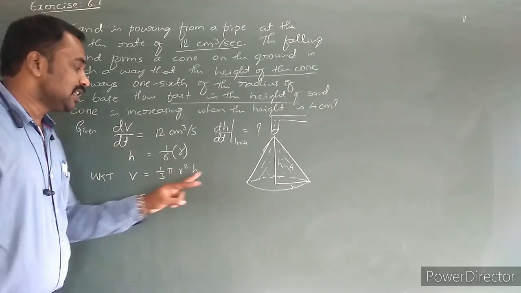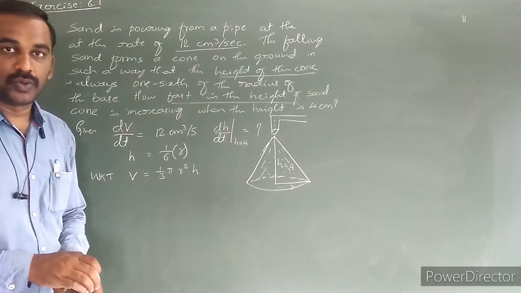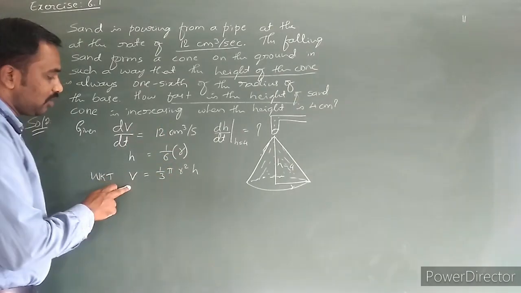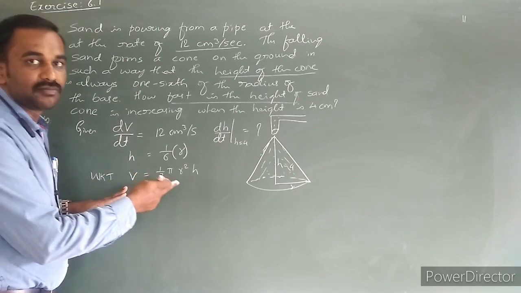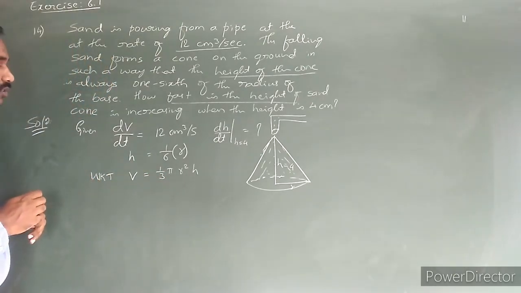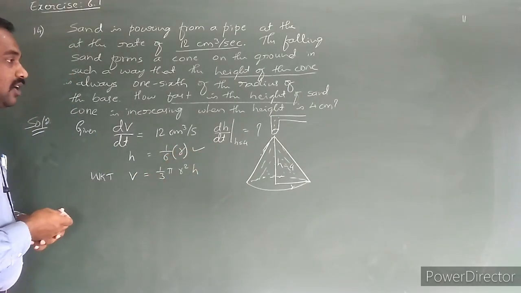That means the radius and the height are the two variables. Convert into a single variable. How to convert into a single variable? Either the volume of the cone in terms of r, or in terms of only h. So how do we change it? Using this relation.